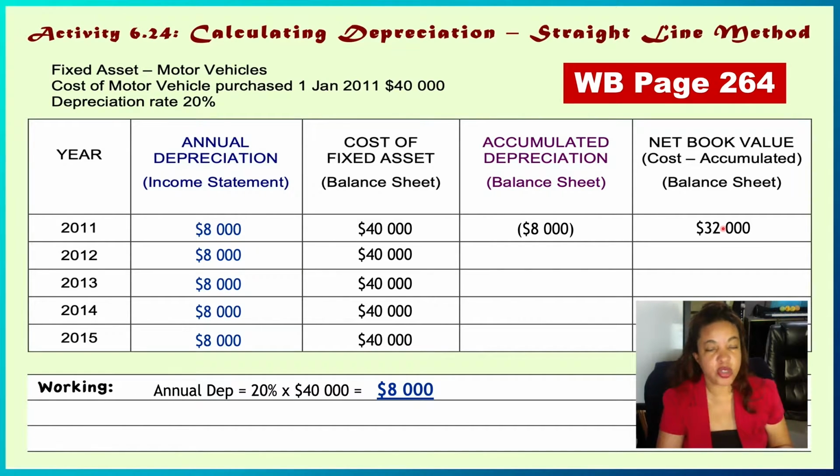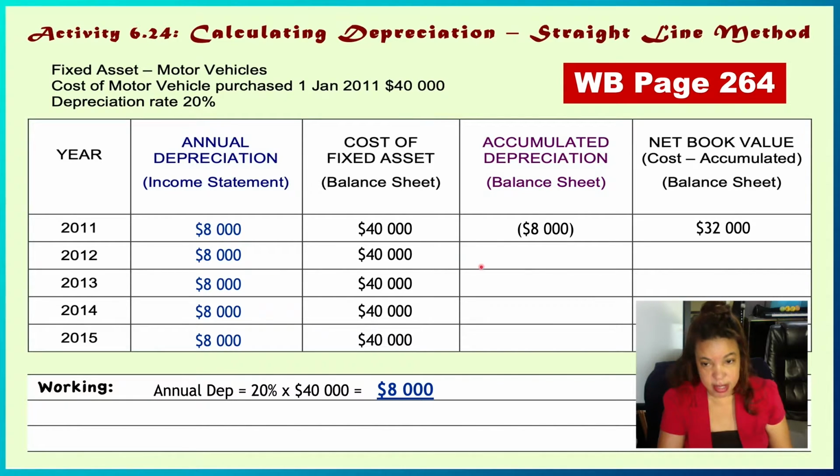Good, you just go to 2012. Remember, it's the same 8,000, but now we have used it for 2 years. So that means the accumulated is 8,000 plus 8,000, or 8,000 by 2. How you can also look at it is you had an accumulated here, 8,000. It depreciated by a further 8,000.